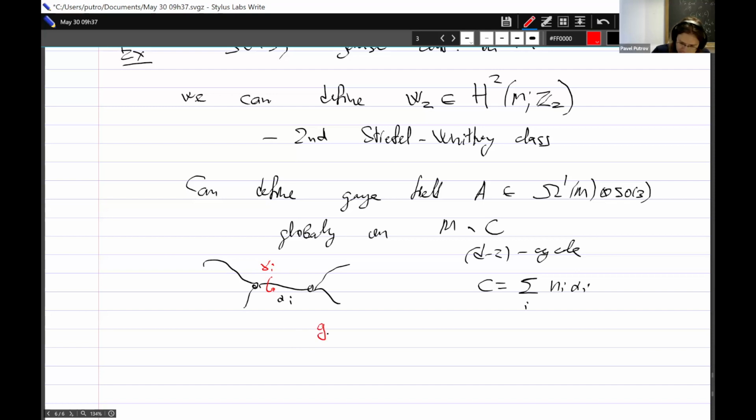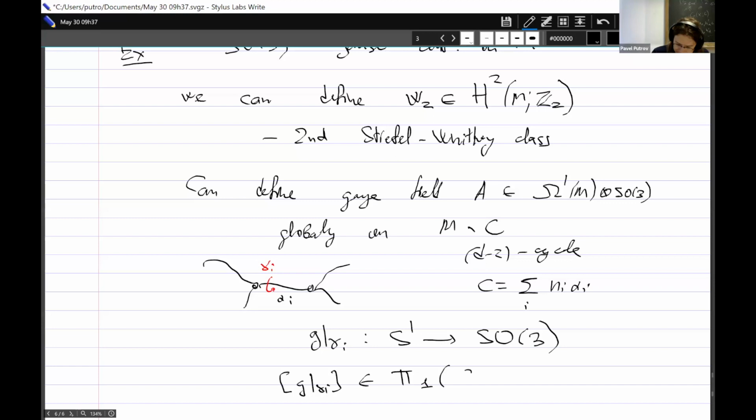Now we repeat the same thing as we did before, and we consider the restriction of this gauge transformation on gamma I, and this can be chosen as a map from S1 to SO3, and the class of this map then lives in the fundamental group of SO3, which, as we saw earlier, is isomorphic to Z2.